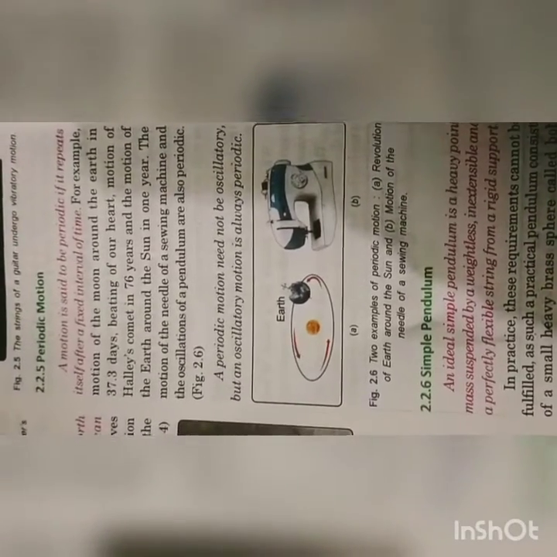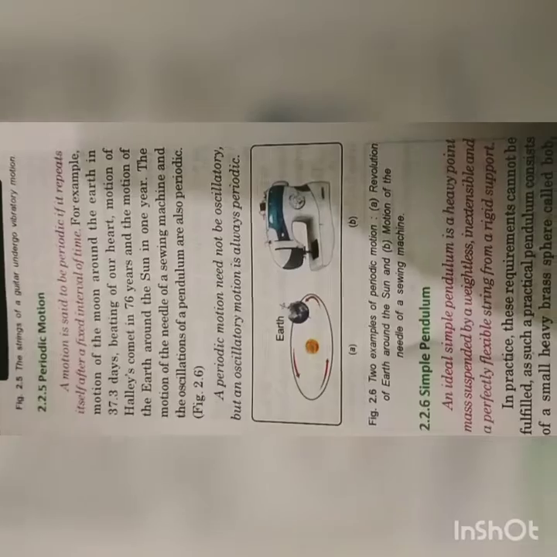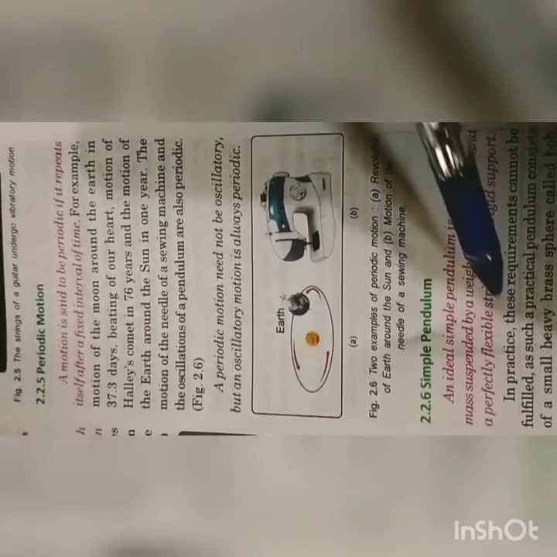Suspended by a weightless string, flexible, which can bend and which cannot expand, not like a rubber band which expands. And there should be a string from a rigid support.